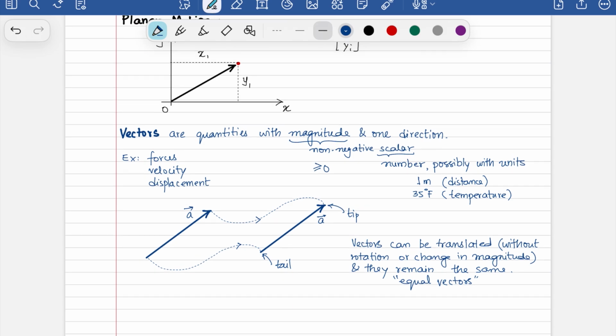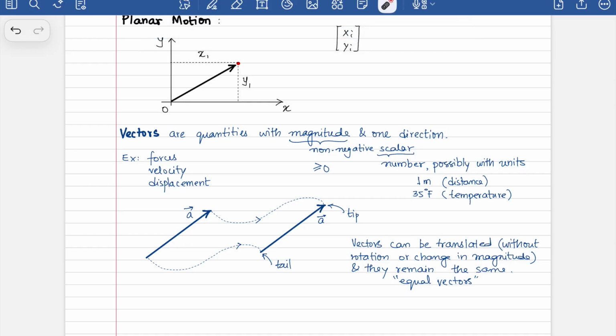Now, another representation is if you're not able to show your vector in the same plane in which you're drawing it. For example, what if the vector was pointing perpendicularly outward versus perpendicularly inward to the plane that you're drawing? How would you do that?